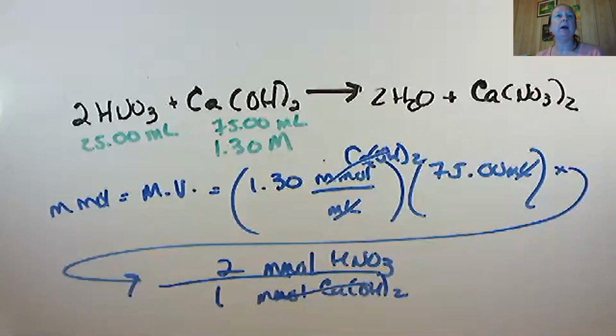So if I do that, and say 1.30 times 75 times 2 equals, what's going on?